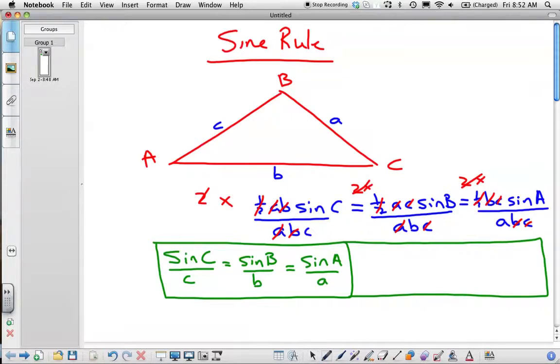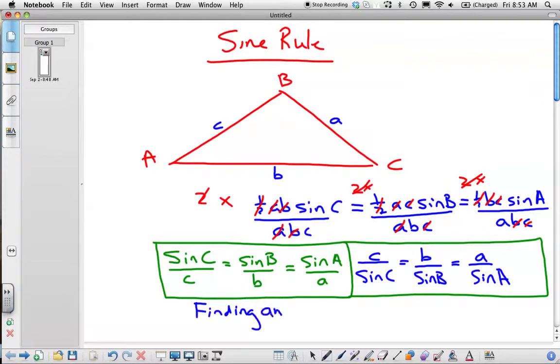So we're going to get c over sine C is equal to b over sine B, which is equal to a over sine A. We use this form when finding an angle, because the angle is at the top, and this one over here we use when finding a side.